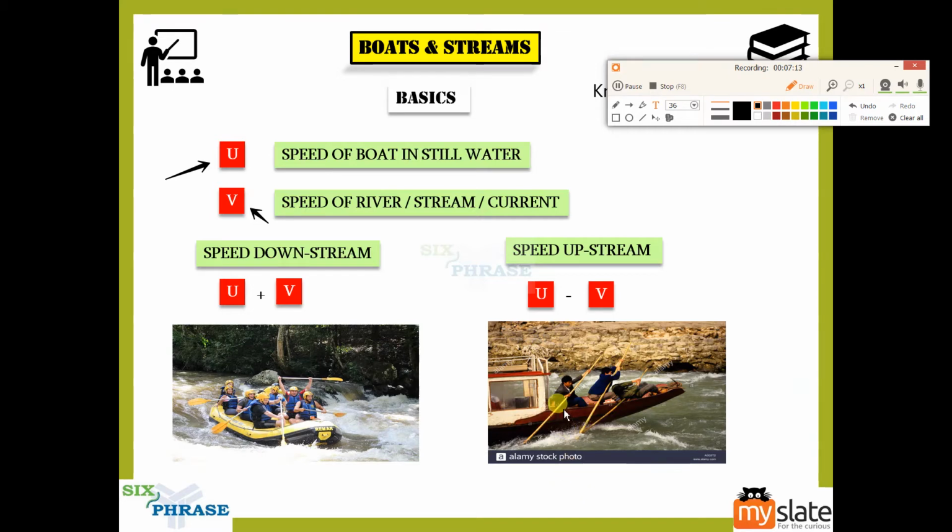So here obviously the speed upstream is going to be less than the speed downstream. The reason is that the boat and the stream are not working together. That is the reason why it is difficult. The stream wants to go down.